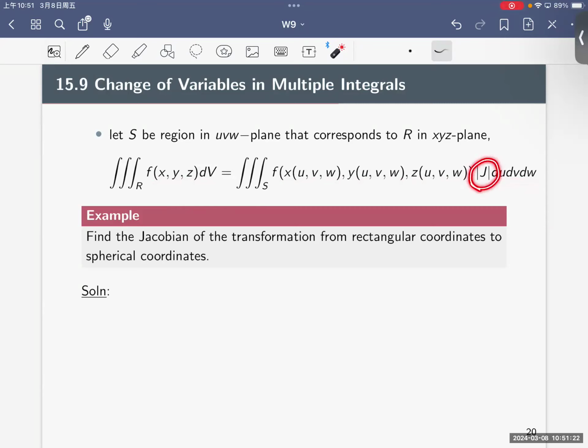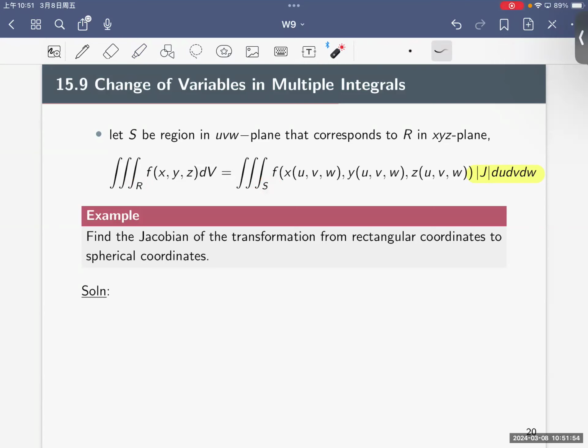You always need to find the Jacobian. It relates dx, dy, dz to the new variables du, dv, dw, and the integration region goes from the previous region R to the new region S after the transformation. The idea is exactly the same.